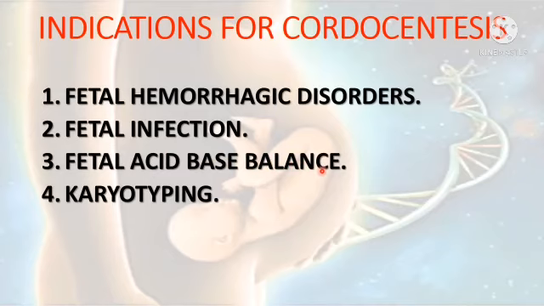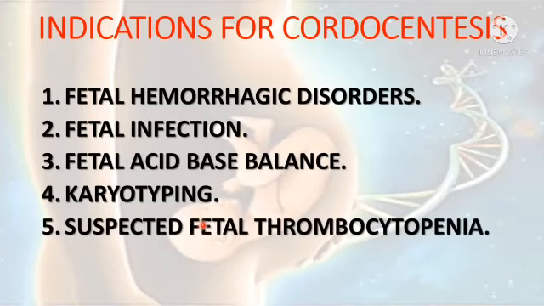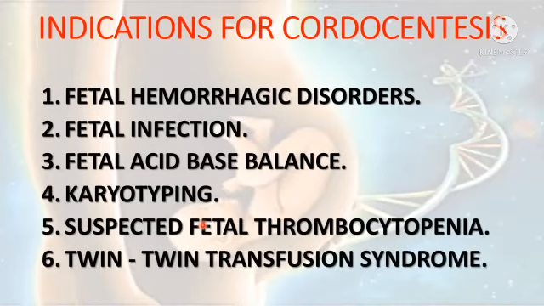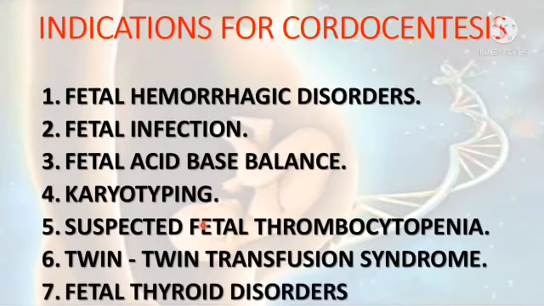To terminate the pregnancy, you will correlate acid-base balance with the growth of the fetus. Karyotyping is also another indication for cordocentesis. Suspected fetal thrombocytopenia, twin transfusion syndrome, fetal thyroid disorders. In all these conditions, you go for cordocentesis.